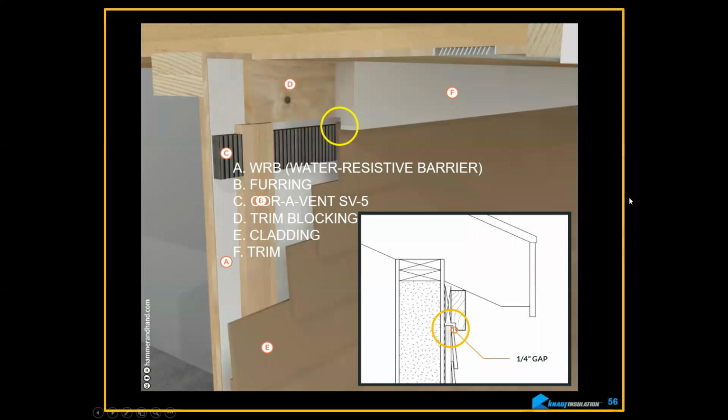When you're doing rain screens, I know I'm moving pretty fast here, but I'm trying to get out of here in a reasonable amount of time and not have you guys spend most of your day with me. Again, the system is exactly the same as you would normally do. You put your weather-resistant barrier up. On top of that, you would put your furring, so you have a space behind it.